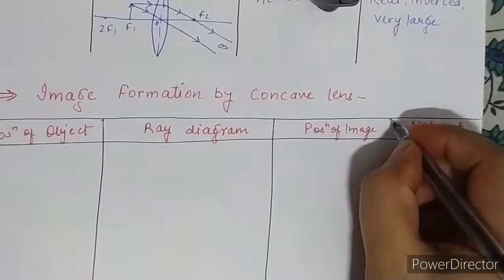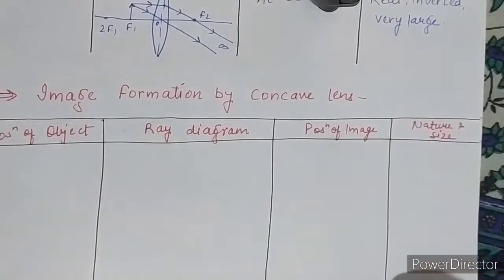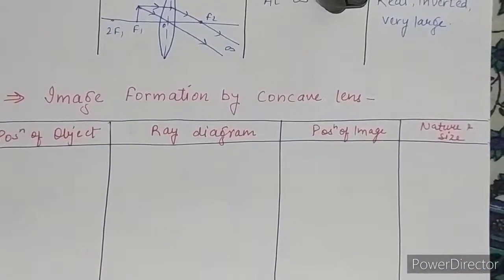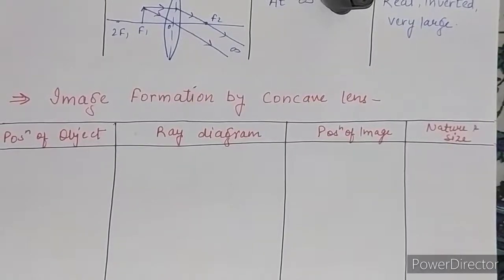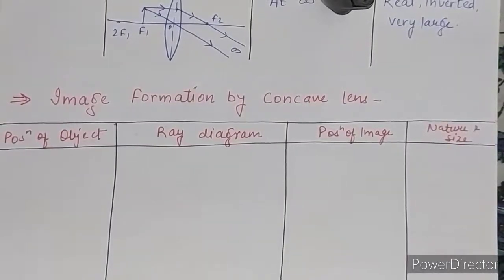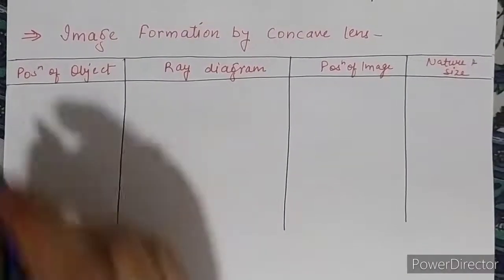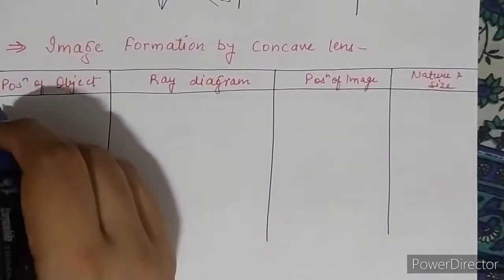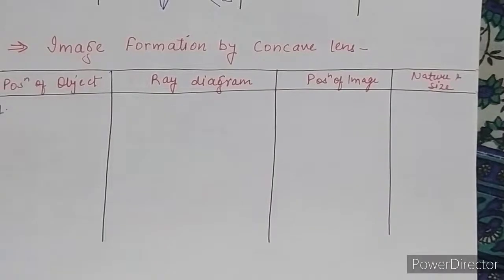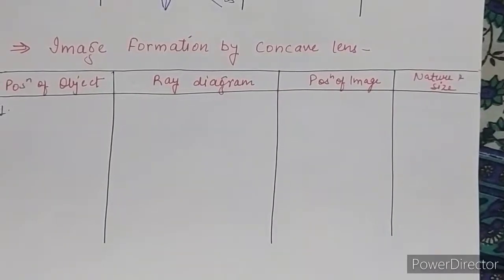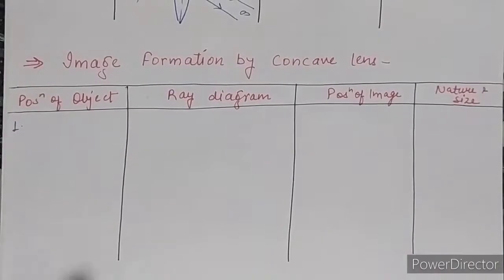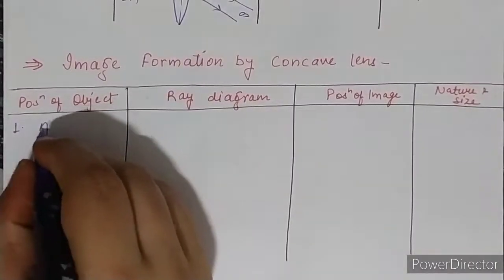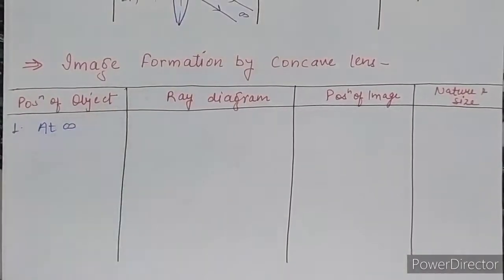You know very well that the concave lens is a divergent lens. So here we are discussing two conditions. Your first condition is when the object is at infinity.